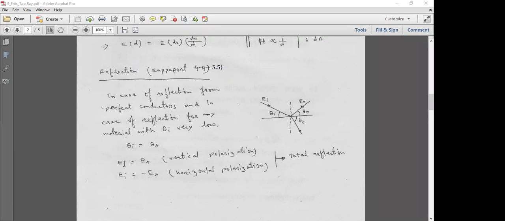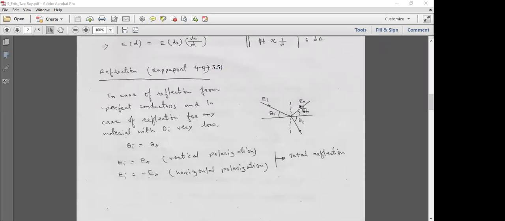If we have a vertical polarization, meaning this is the direction of propagation of the whole wave, but the electric field is in the vertical direction for the incident ray, then the reflected component will again have the electric field in the vertical direction.